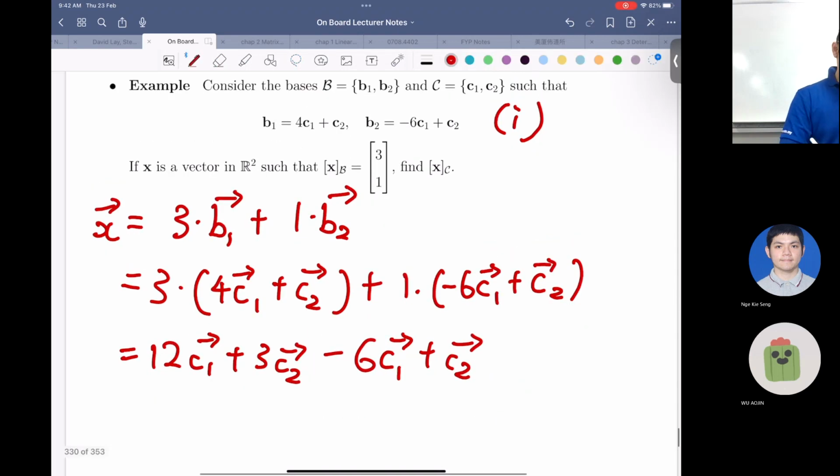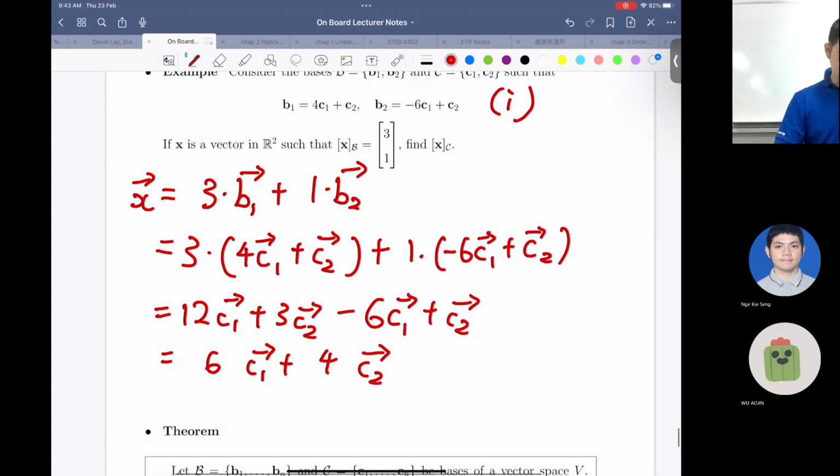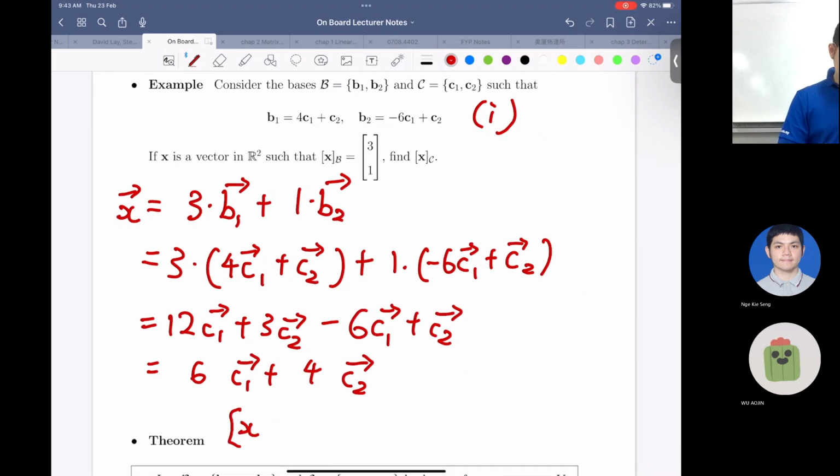What do we get? What's the coefficient for C1? It is 6, and C2 is 9. So now you use the definition of coordinate vector again, where you get 6 and 9 for the coordinate vector with respect to C. You can draw this for script B and script C.